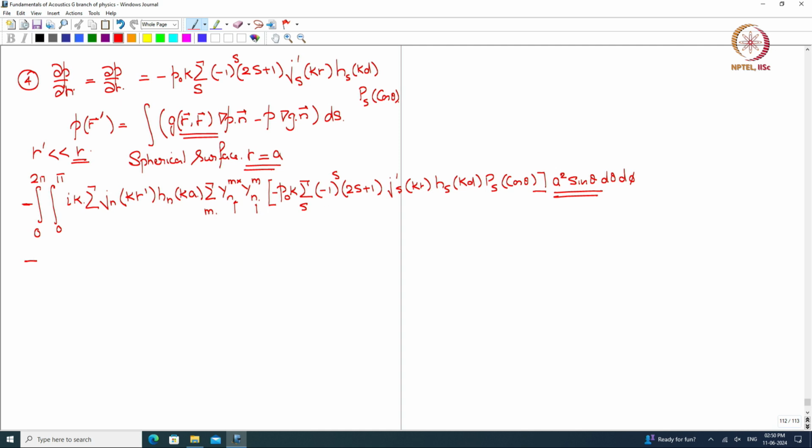Then I have minus P del G del N, minus 0 to twice pi, integral 0 to pi, then P, and del G del N or del G del R. So let me write del G del R first.